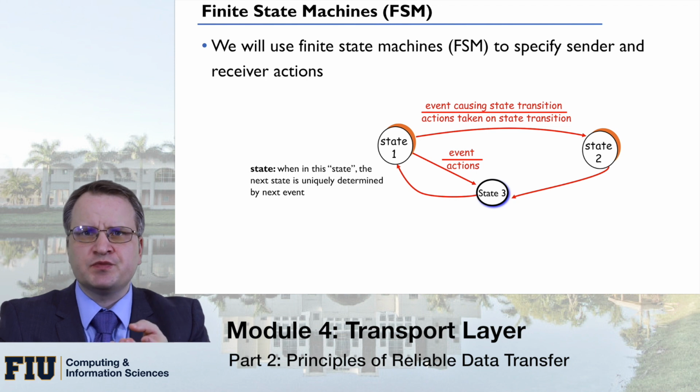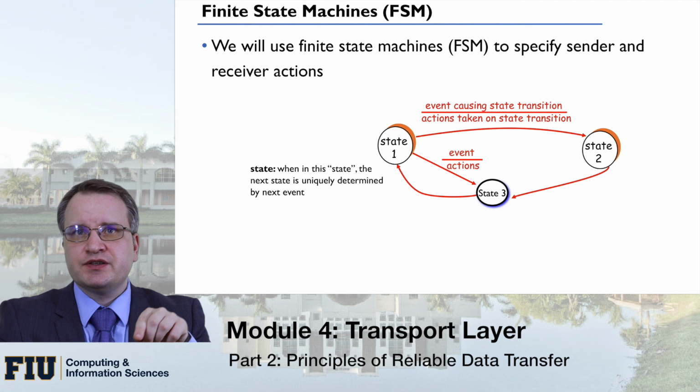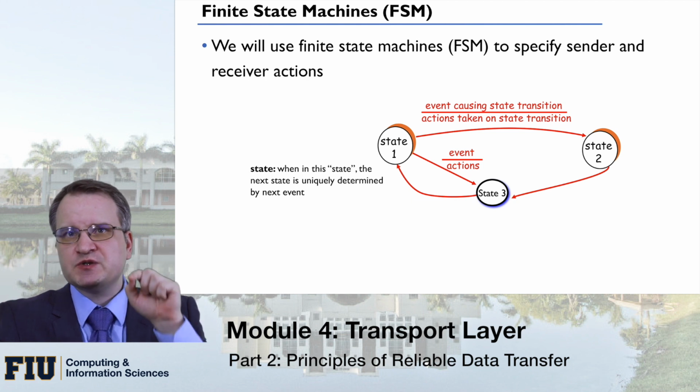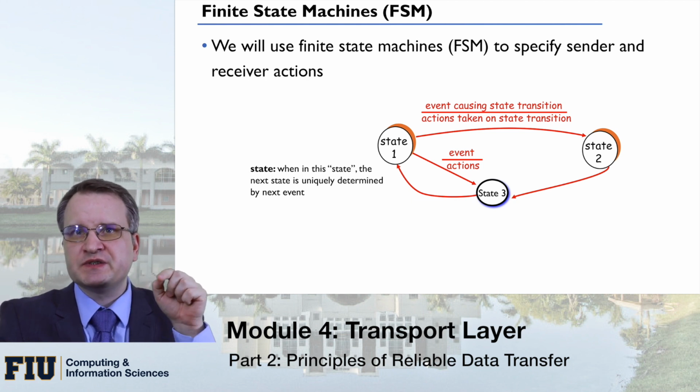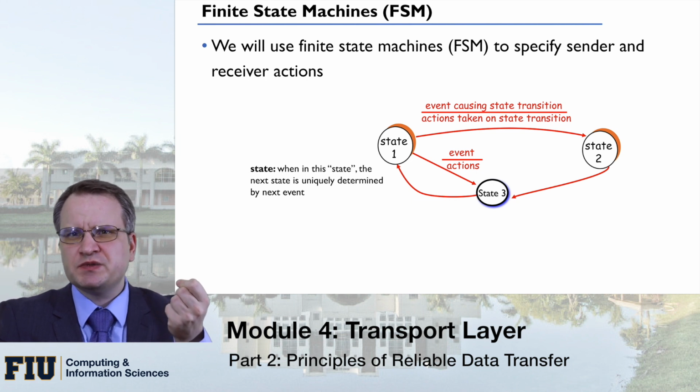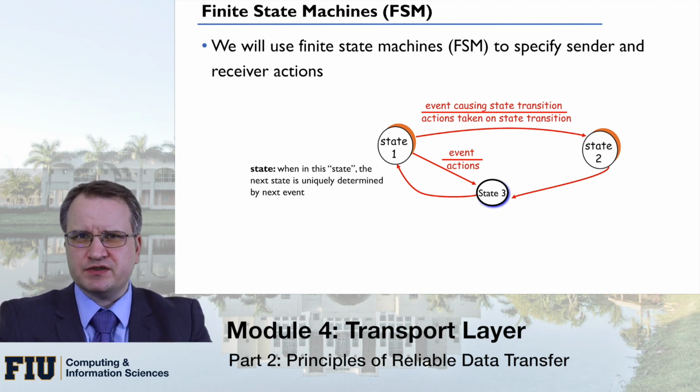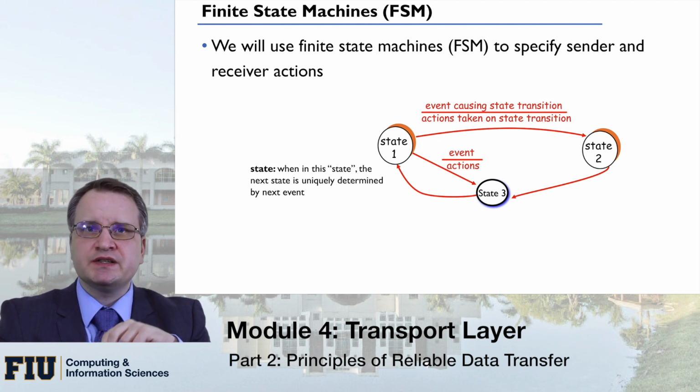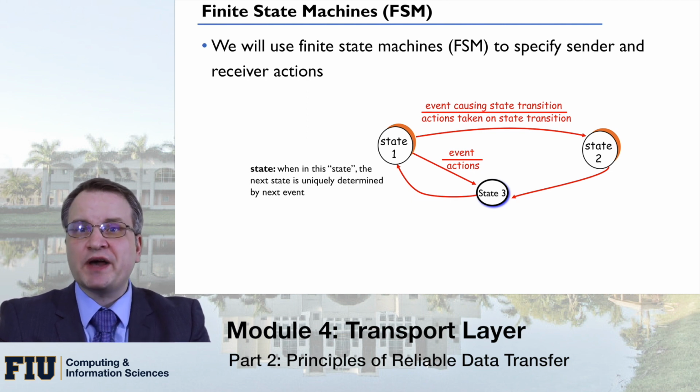What's important here is that the circles represent the states, and there are two items on each arrow. One represents some form of event that is happening, in most cases a packet being received. And below the line is what kind of actions are happening.